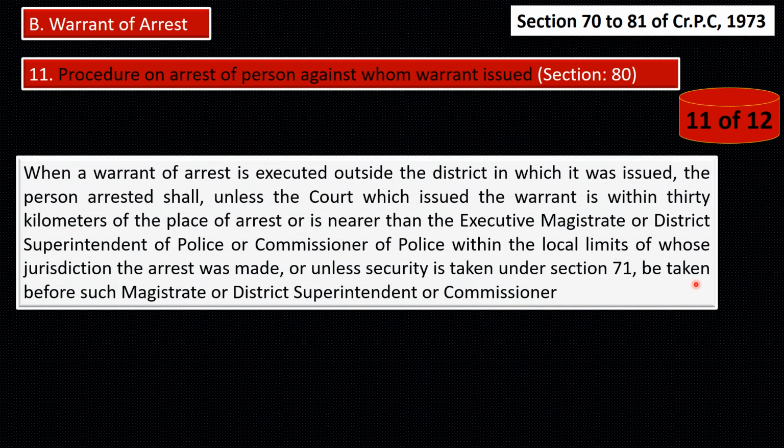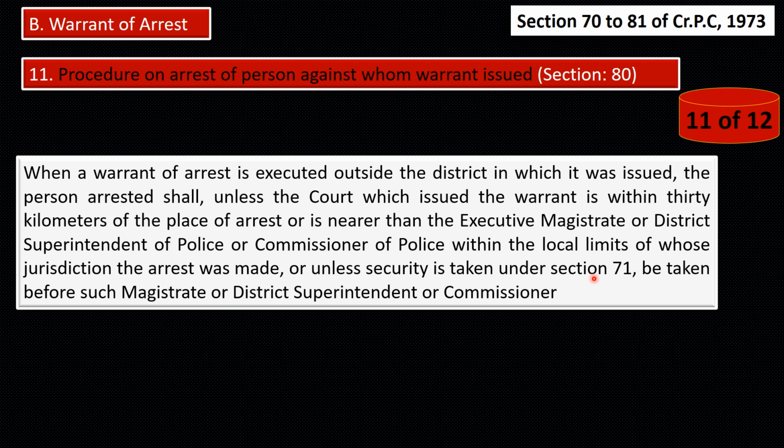Section 80 tells us when a warrant of arrest is executed outside the jurisdiction in which it was issued, the person arrested shall, unless the court which issued the warrant is within 30 kilometers of the place of the arrest or is nearer than the executive magistrate or district superintendent of police or commissioner of police within the local limits of whose jurisdiction the arrest was made, or unless security is taken under section 71.